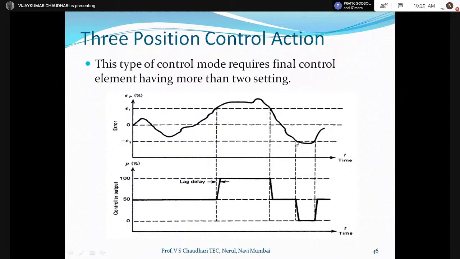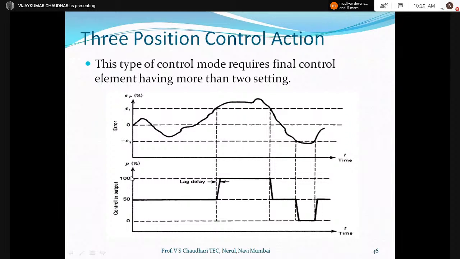And at this point of time, the error then drops below minus e_v, right? Drops below minus e_v. Then for whatever is the time for which the error remains below minus e_v, below this band, the controller output will be 0% with delay, and as soon as it enters the minus e_v to plus e_v band, again the controller output will be 50%.